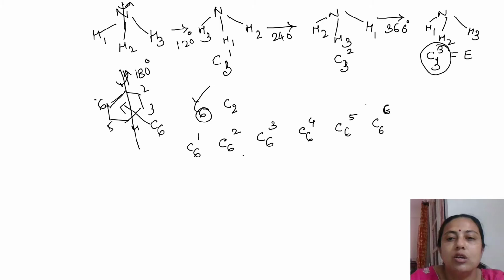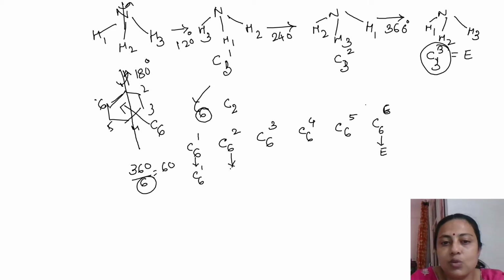C66 is of course the do-nothing operation. C61 is a 60-degree rotation, since C6 means 360 divided by 6 equals 60. This is a 120-degree rotation, so that is clearly C3.